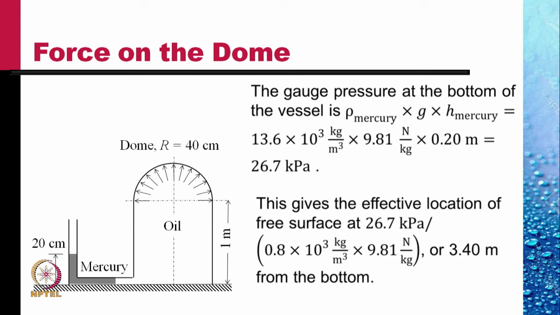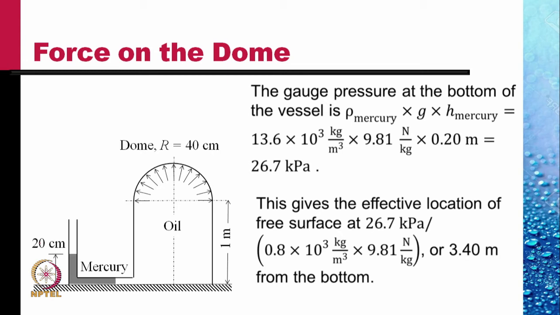So a pressure of 26.7 kilopascal at the bottom of the tank would be obtained if the oil extends up to a height of 3.40 meters in an open tank.